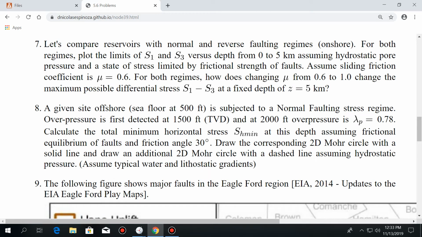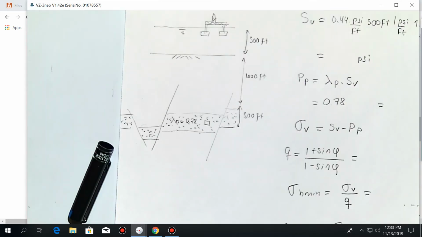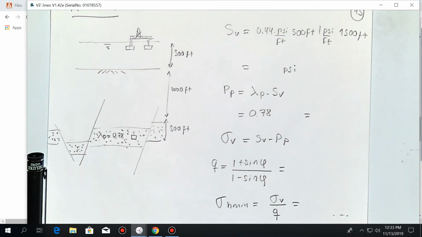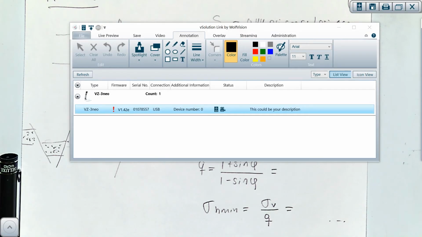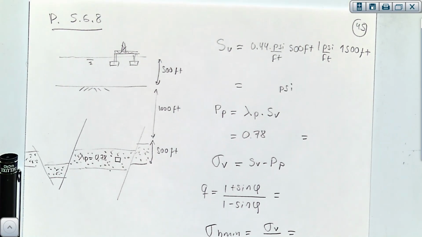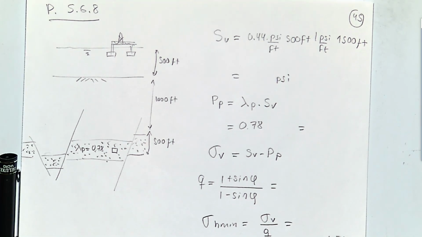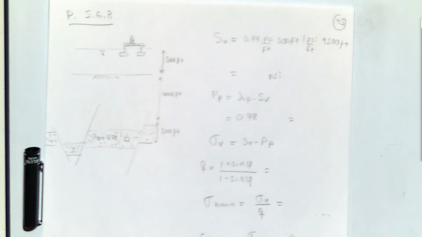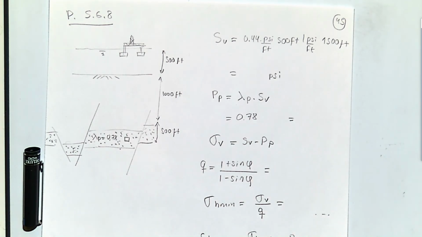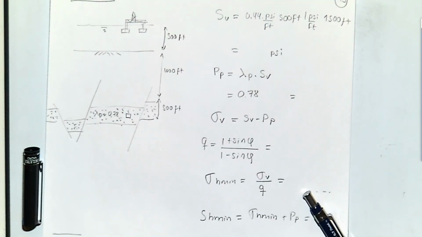Problem number 8 is a problem that was discussed in class, and it is right here. Using the concept of equilibrium of faults, or the limit of stresses at the point of failure at which you start to form faults, then you can calculate what is the minimum principal stress.